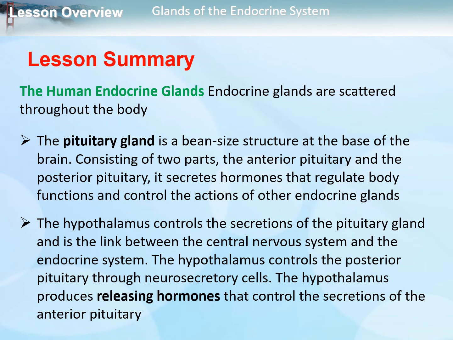The hypothalamus controls the secretions of the pituitary gland and is the link between the central nervous system and the endocrine system. The hypothalamus controls the posterior pituitary through neurosecretory cells. The hypothalamus produces releasing hormones that control the secretions of the anterior pituitary.